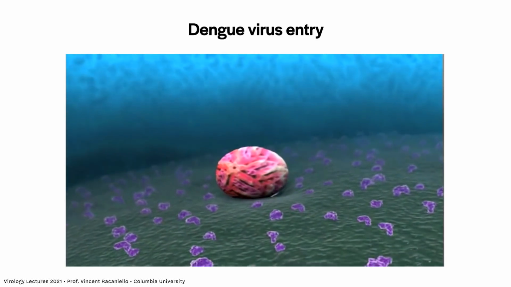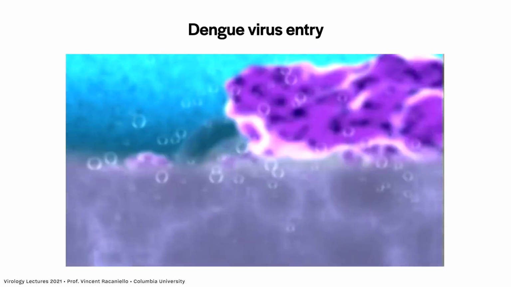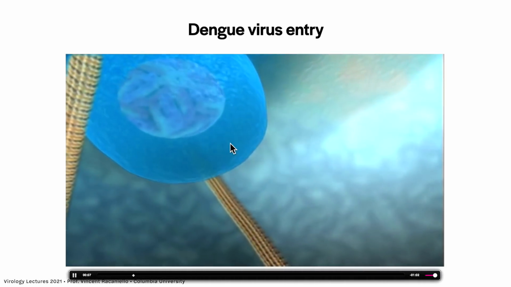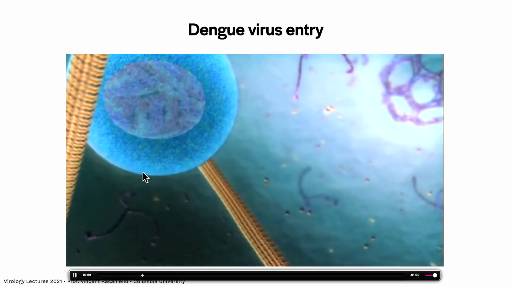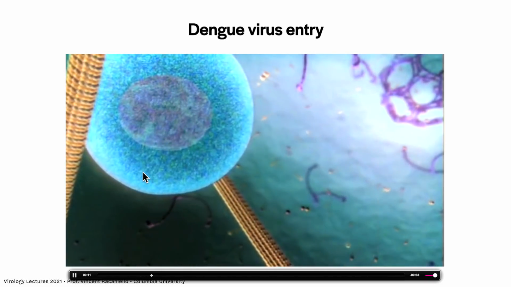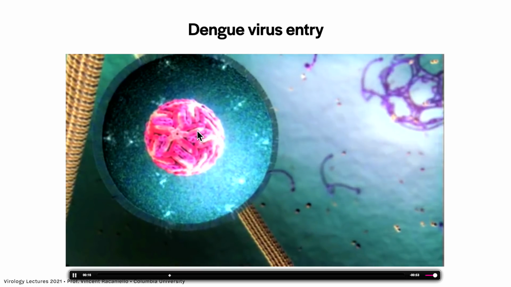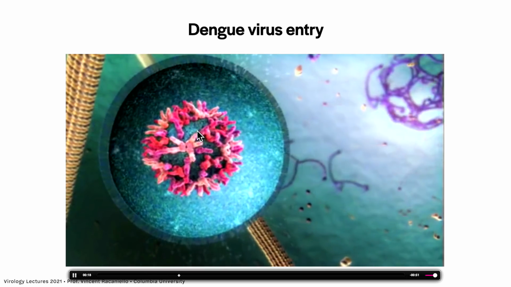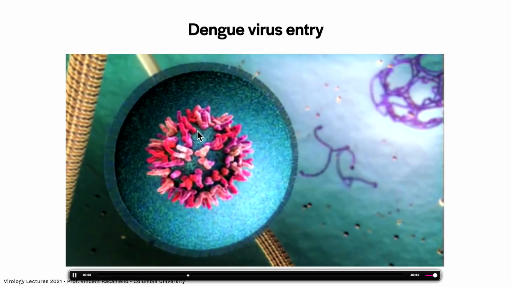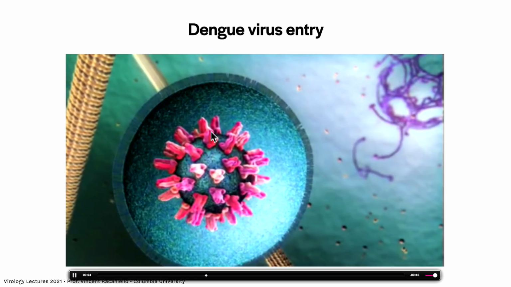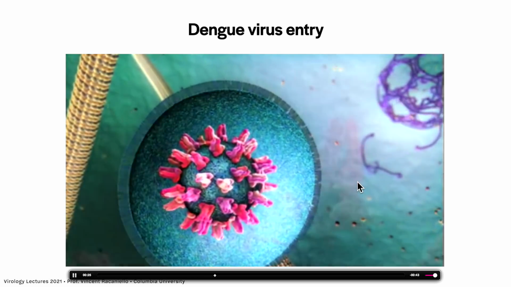So here's an animation of dengue virus. Again, a virus with the class 2 fusion proteins going into an endosome. The pH is dropping. It's moving along a microtubule. You can see as a little transparent that the glycoproteins are going to stick up, reorient at the low pH, and that will put the fusion peptides into the endosome membrane up here.